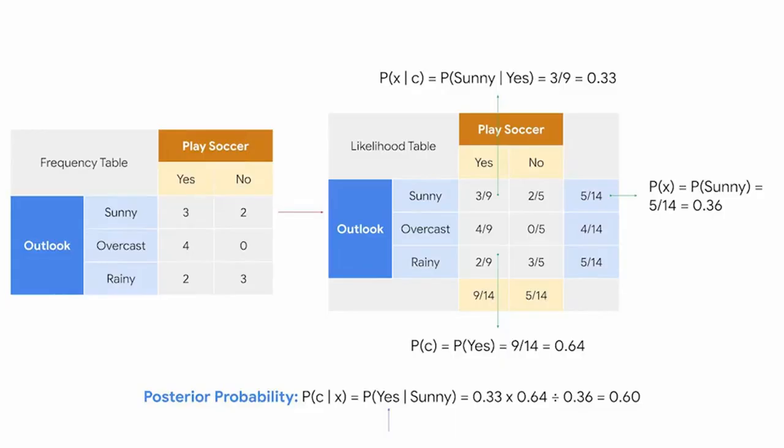Use this information to find the probability of the predictor given the class, P of X given C, the probability of the class, P of C, and the probability of the predictor, P of X. In other words, everything needed to calculate the posterior probability. As a reminder, you may pause and review the video if needed.